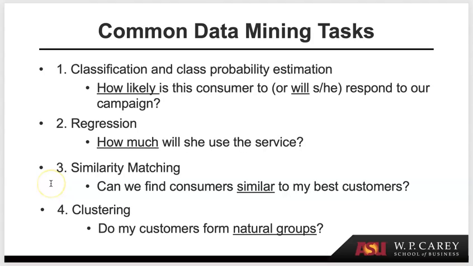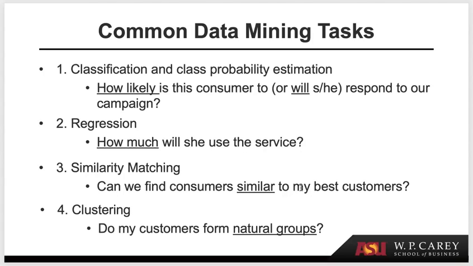Third one, similarity matching. Can we find customers similar to my best customers? Is there a target? Yes, because we can certainly define what constitutes, what comprises best customers. We can certainly characterize them.